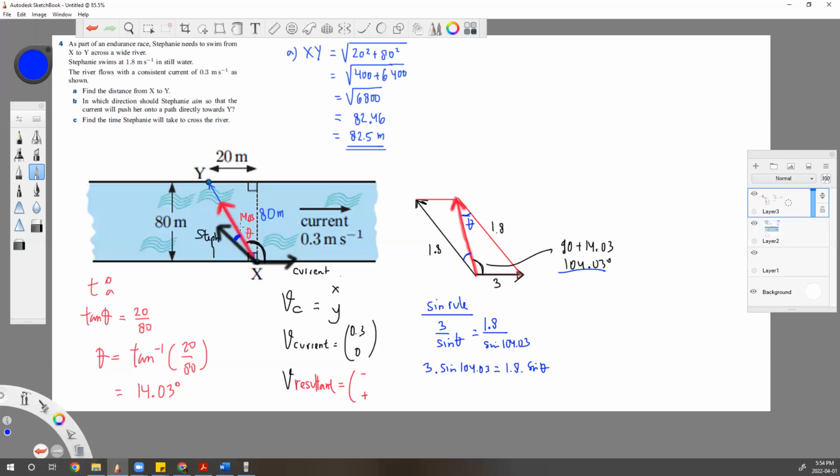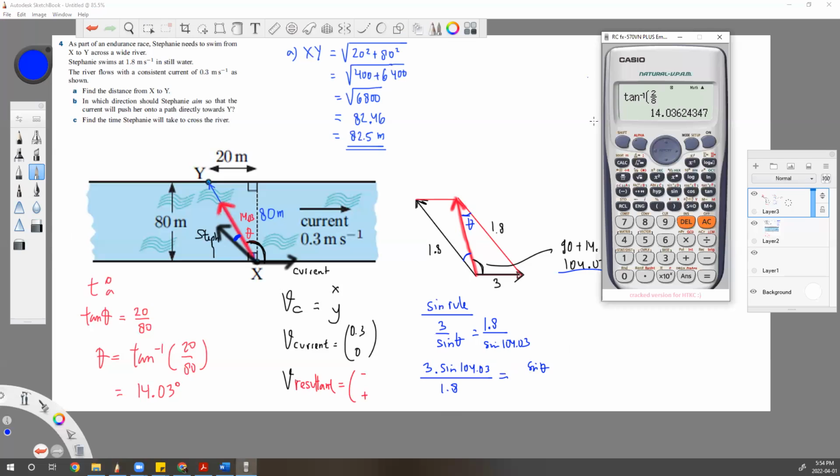Putting the 1.8 on the left side is easier to combine with the other formula. So sine theta equals 3 times sine 104.03 divided by 1.8.